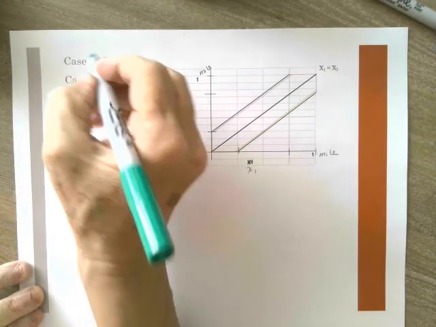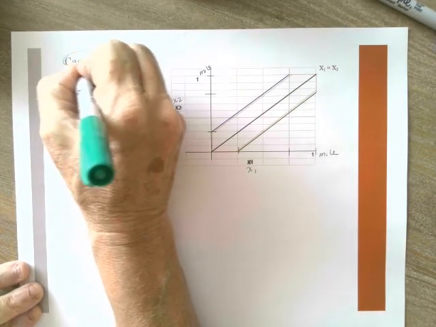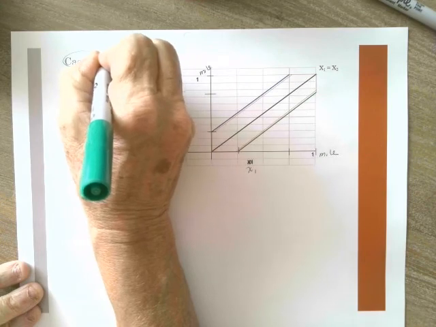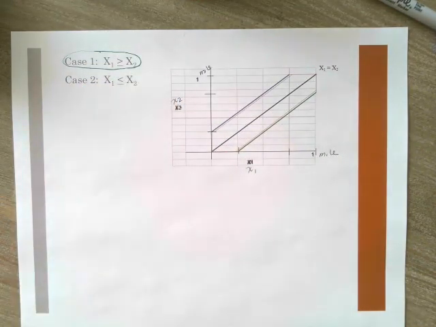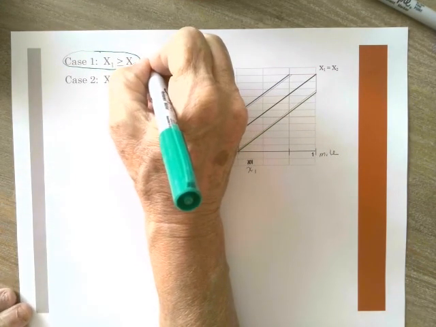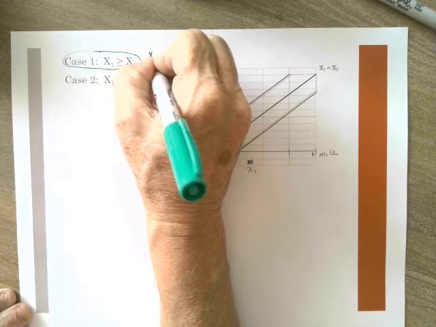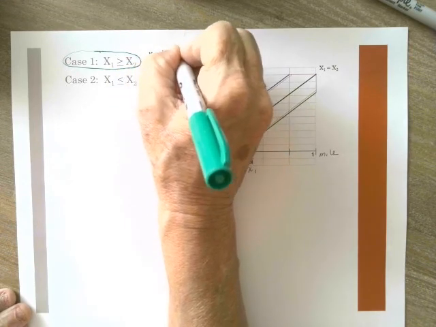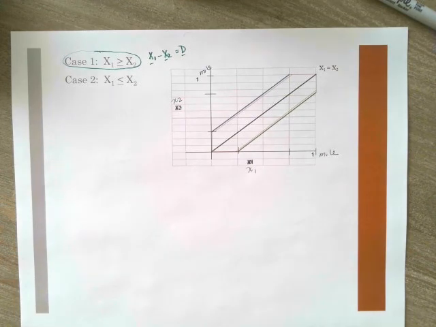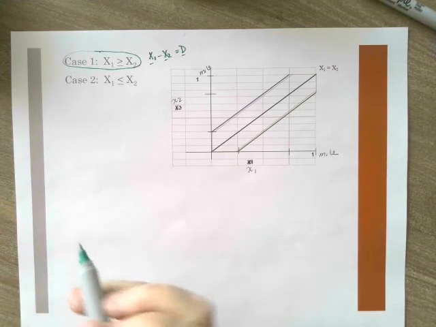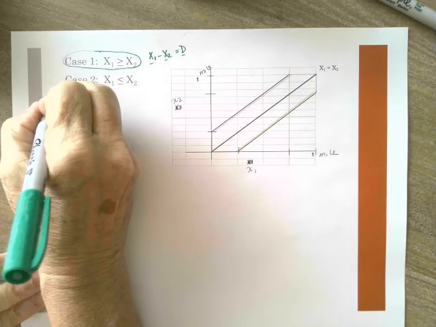So case 1, I'm going to be using green right here. And as I said before, this indicates that my random variable x1 minus x2 equals my random variable d. Now let's go ahead and develop case 1, and then I'm going to let you develop case 2 on your own, okay? Or at least I'll show you where it will be on the graph.